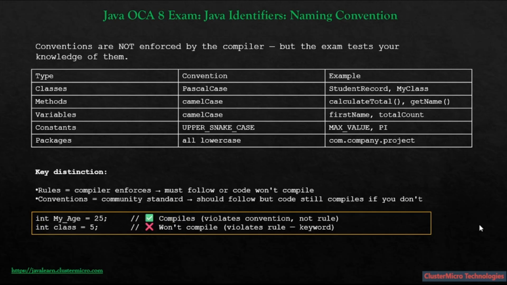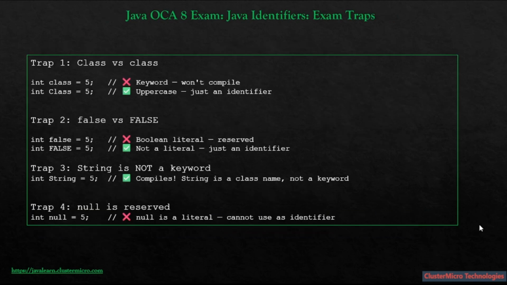But if you write int class = 5 with a small c, it won't compile because it violates a rule, it's a keyword. So there are various exam traps that we are going to discuss. Trap 1 is class versus Class. You can have int class with a small c; it will not compile because that's a keyword. But you can have it with a capital C in Class. It will compile because uppercase Class is just an identifier, it's not a keyword.